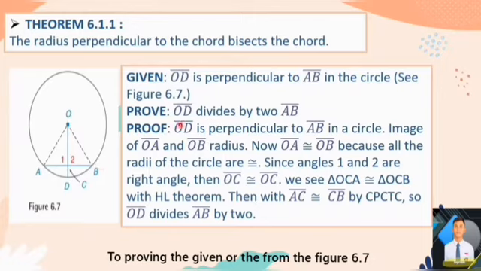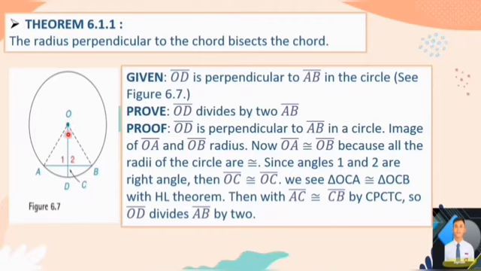To prove this, from figure 6.7, OD is perpendicular to AB in a circle. Draw radii OA and OB. Now OA is congruent to OB because all the radii of a circle are congruent.